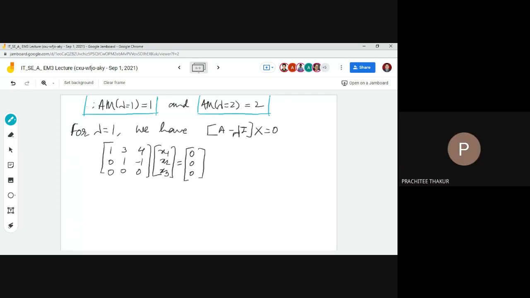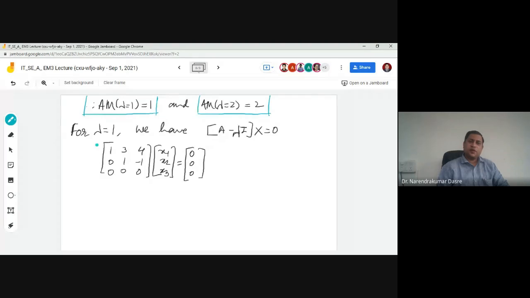Yes, sir. Because we need at least 2 distinct equations and we have 2, so we can use Cramer's rule. We always try to find the non-zero vectors, so we should not consider this 0 row. We should consider non-zero rows, and hence you can say by Cramer's rule.